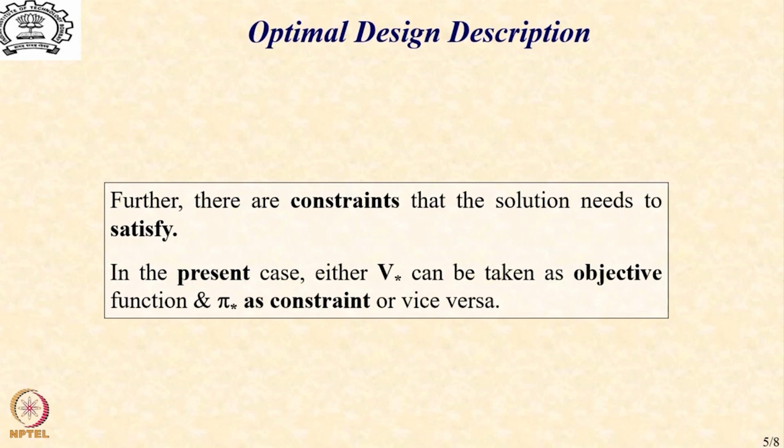That is, we can either take the burnout velocity v star as an objective function which is to be maximized, and the mission payload fraction pi star as a constraint, or we can reverse the process and choose pi star as the objective function that needs to be maximized and v star as the constraint under which the solution must be obtained.